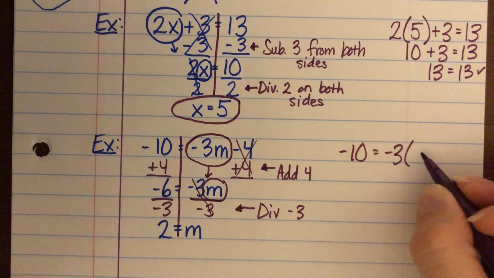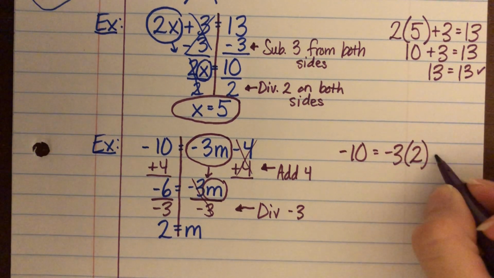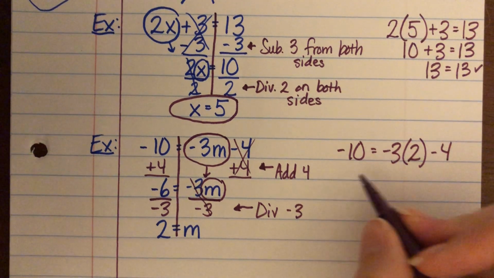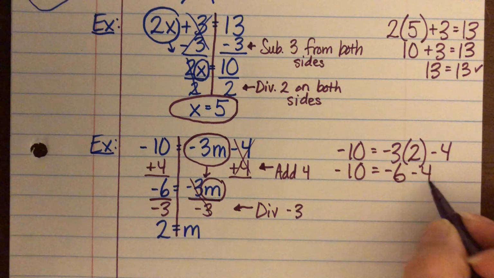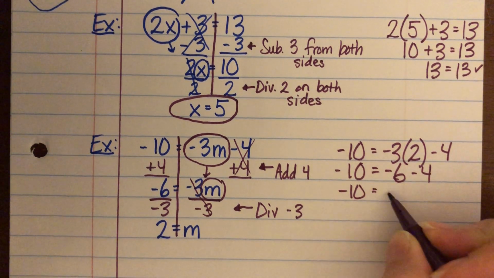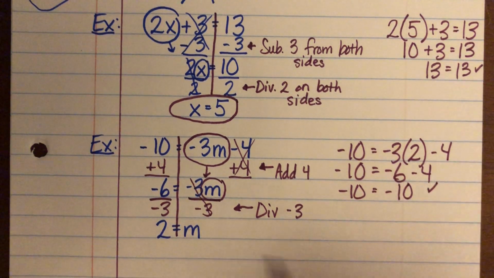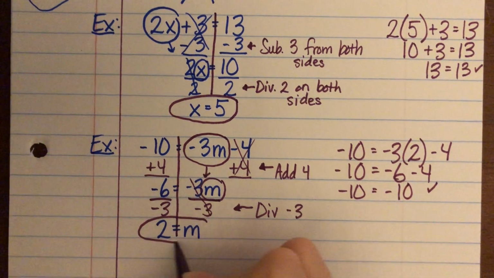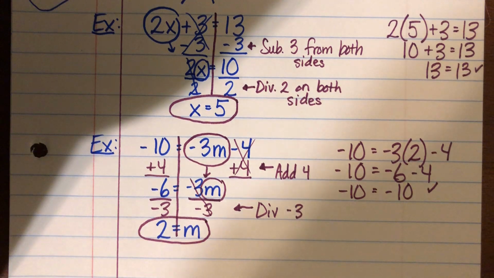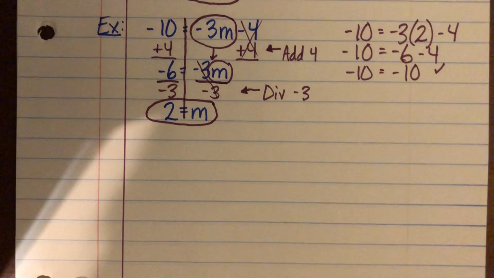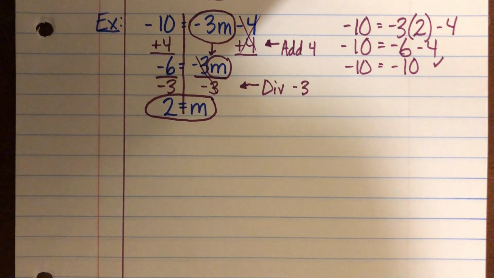I'm going to put in 2 for m. Just going to simplify it to make sure that we're good. Yes, we are good. M is equal to 2. All right, I'm going to have you practice some of these, and then we're going to take a look at a slightly different format of this.